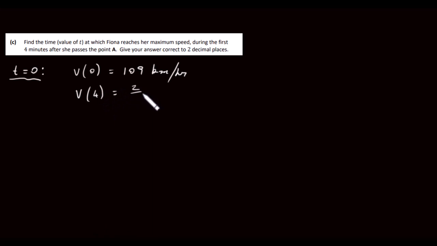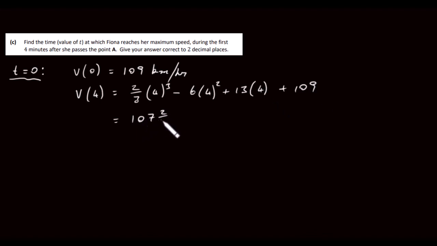So that would be two thirds of 4 cubed minus 6 times 4 squared plus 13 times 4 plus 109. Now I've worked that out, and it comes out at 107 and 2/3, and that's kilometers per hour. So we have the 2 extreme points anyway. We have the speed at time 0 and time 4.